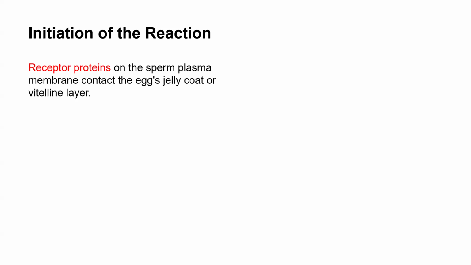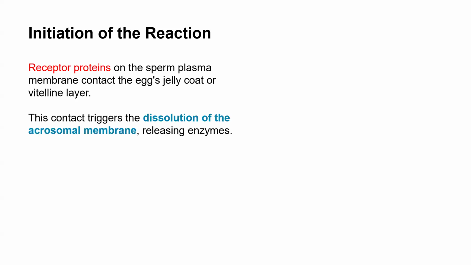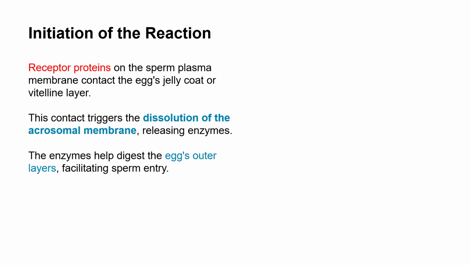This receptor and jelly coat interaction triggers the dissolution of the acrosome membrane. So the membrane of the acrosome will open up to release enzymes, and these enzymes will help to digest the egg's outer layers, facilitating sperm entry.